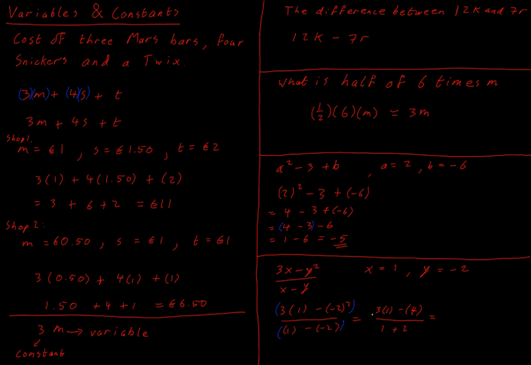So I get 3 minus 4 all over, I can do my addition on the bottom to get 3, and 3 minus 4 is minus 1 all over 3. So I get minus a third.